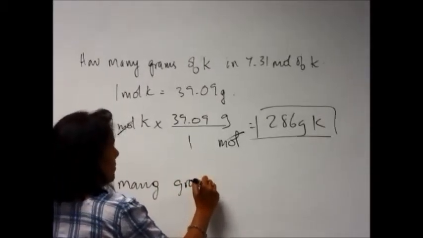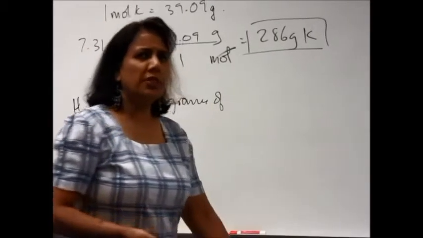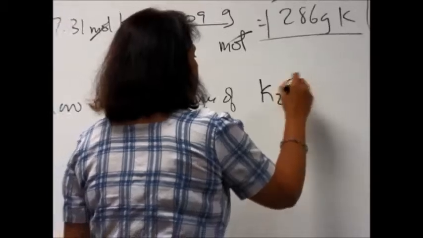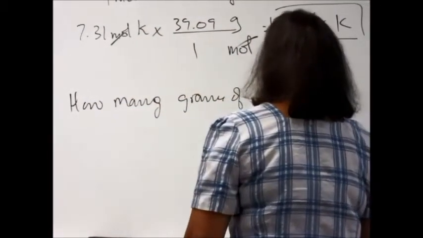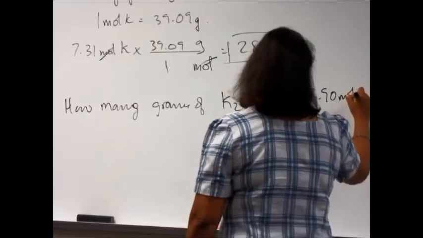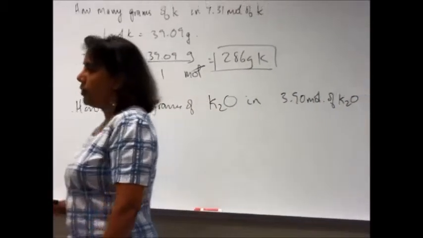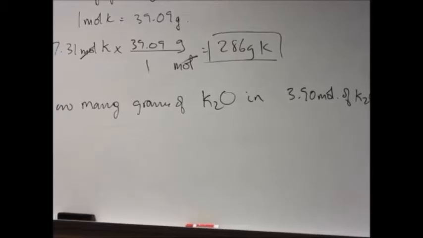How many grams of, should we stick with potassium? Should we get potassium oxide? Okay, let's get potassium oxide. Now I've given you the formula over here as K2O, but I'm never so kind.